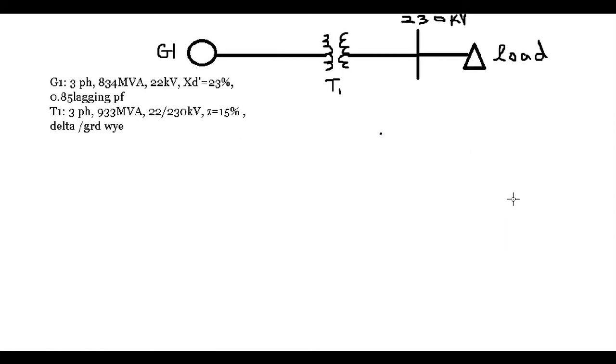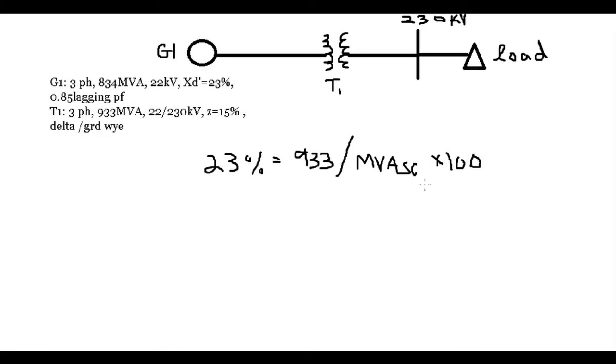Okay, so let's solve this problem first and pretend that the transformer impedance is negligible. So we would say that the Z source, 23%, is equal to the MVA of the transformer, 933 MVA, divided by MVA short circuit, what we're solving for, times 100.